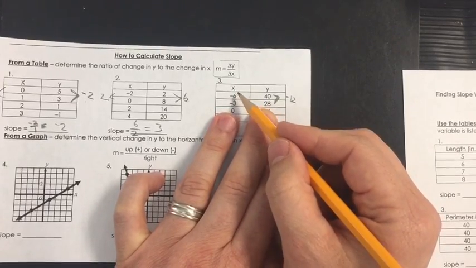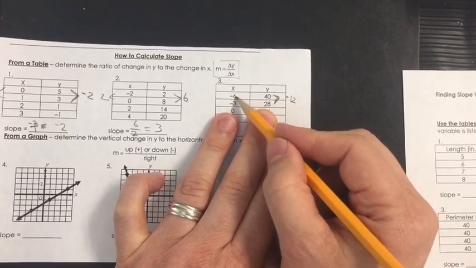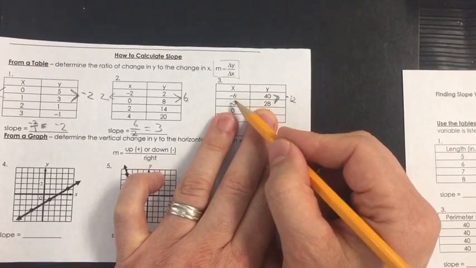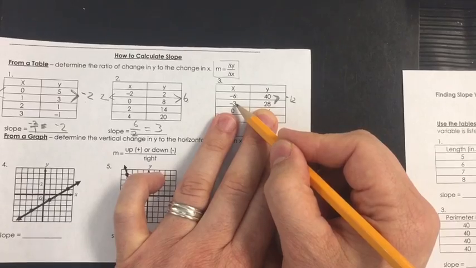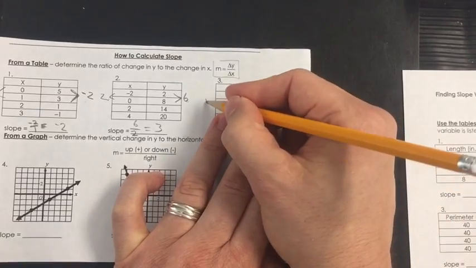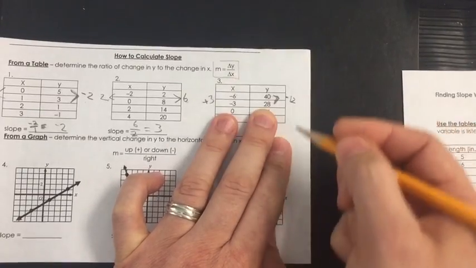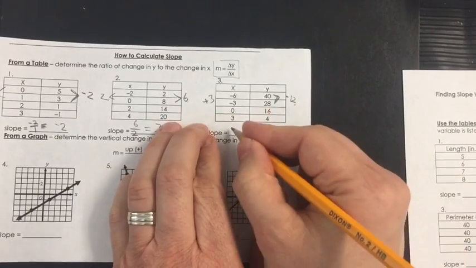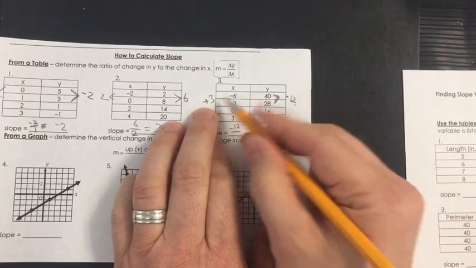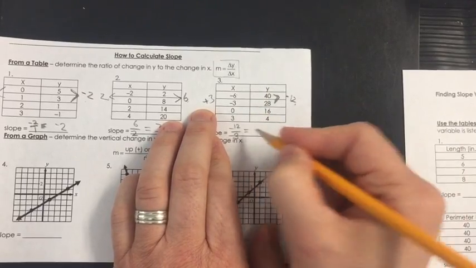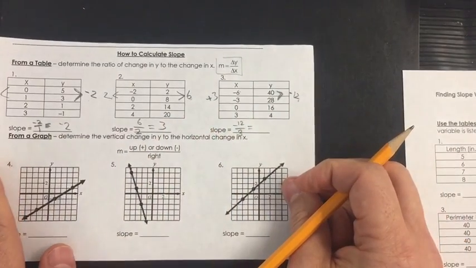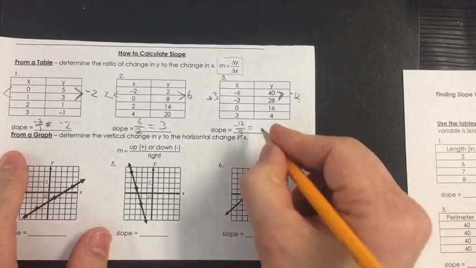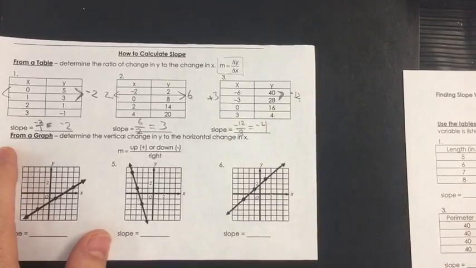You kind of have to think extra when you're dealing with negatives. But from negative 6 to negative 3, it actually is getting bigger. So it's getting bigger by 3. Okay? So my top number, my Roy D number, is negative 12. My bottom number is positive 3. And what do you get when you have negative 12 divided by positive 3? Negative 4. My slope is negative 4.